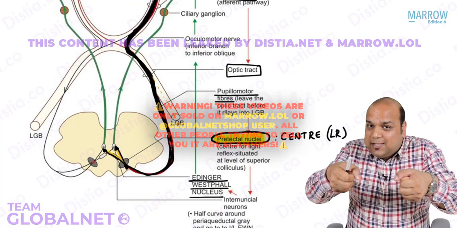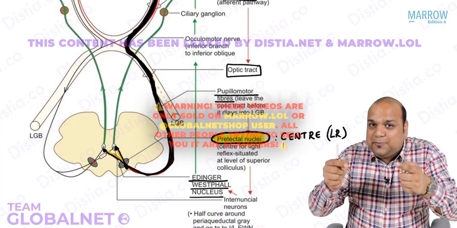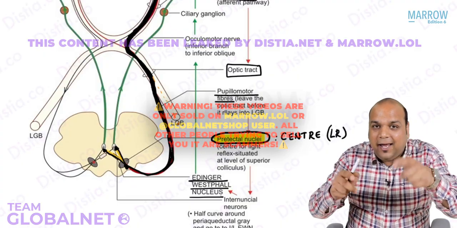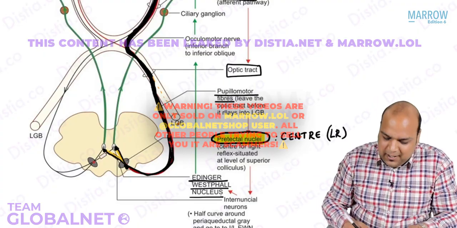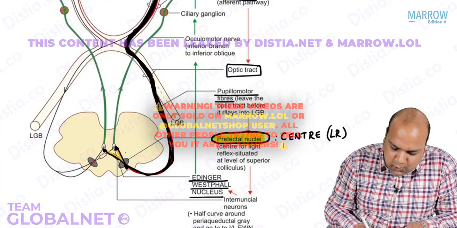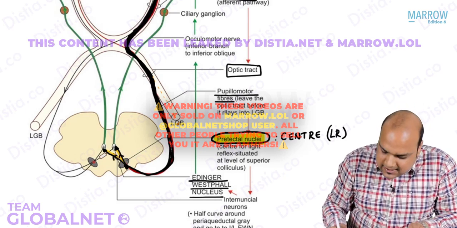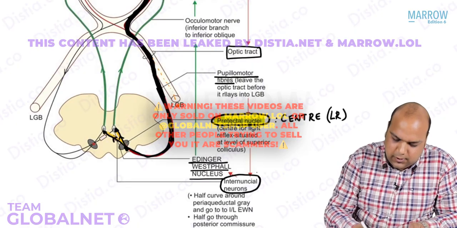This is where the impulse is splitting. This is what leads to direct as well as consensual light reflex: light thrown on one eye, but both pupils constricting, everybody. So these neurons, which go to the same side as well as the opposite side, are known as internuncial neurons.